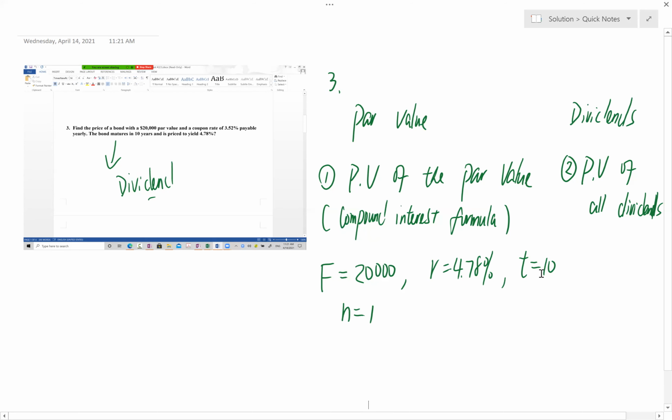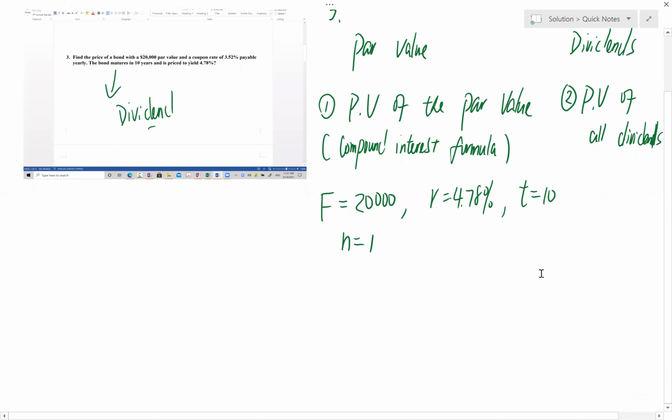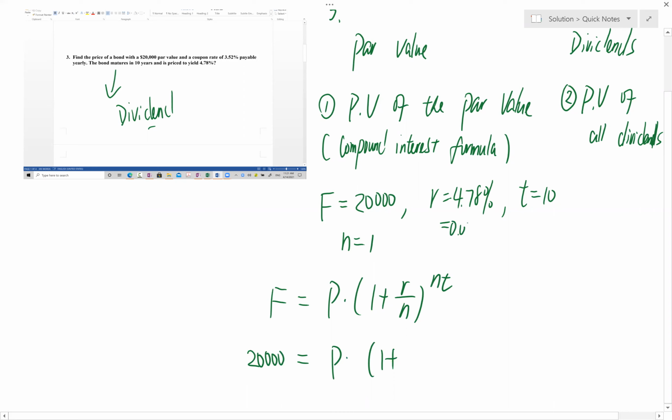So now from there, let's apply the compound interest formula. Future value equals principal times 1 plus R over N to the NT. Okay, and again, plug in the numbers: present value times 1 plus the rate, which is 0.0478 when you turn it into a decimal number, divided by 1, and raised to n, which is 1 times 10, the 10th power.